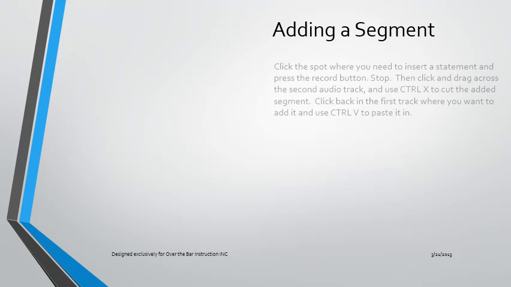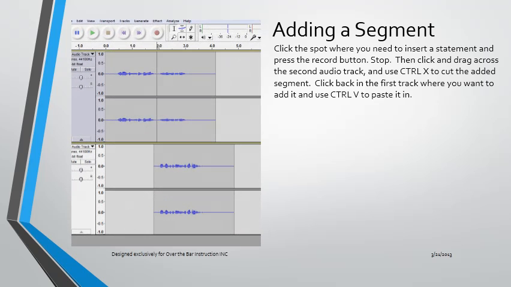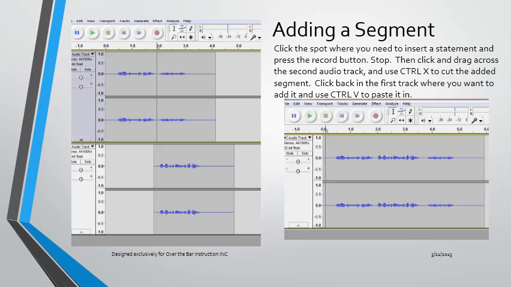This is really a cool feature in Audacity. If I record and then decide I want to add something, I can click in the soundtrack where I want to add my insertion. Then I hit the record button and record a second track that will appear beneath the first one. After that, a simple click and drag across the extra segment with a Control-X to cut it will allow me to click the spot I want it to go into in the original or top soundtrack.